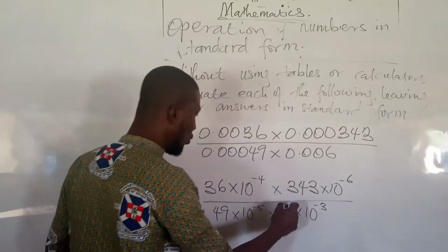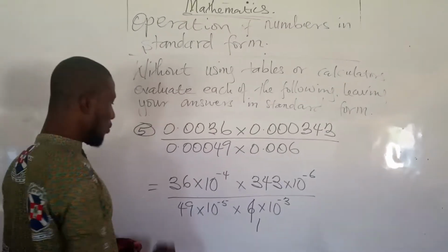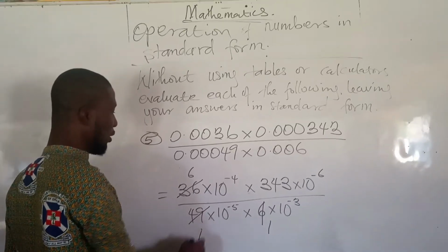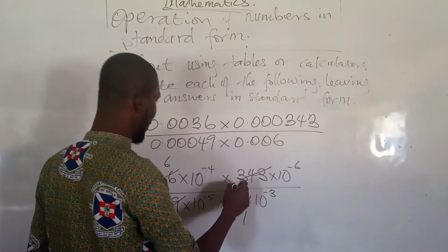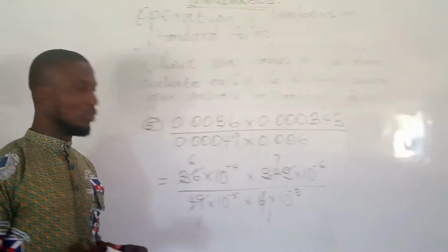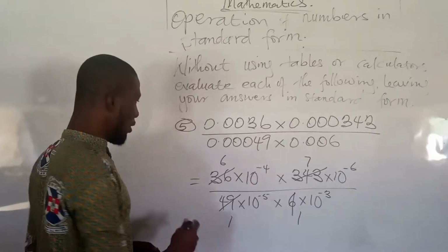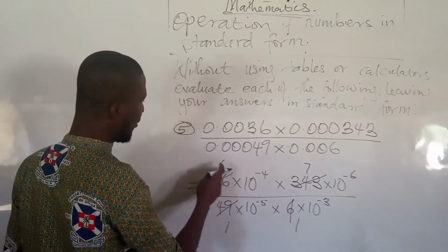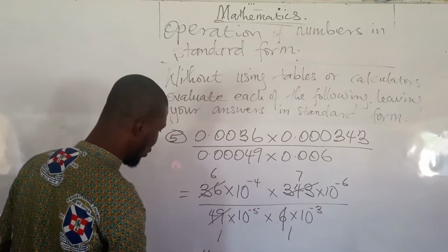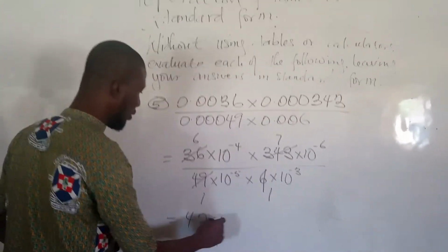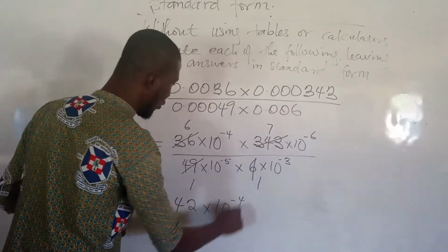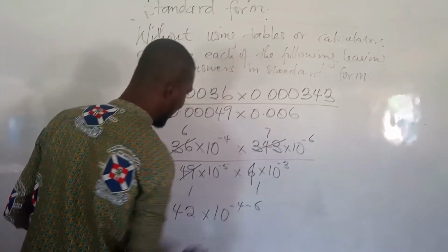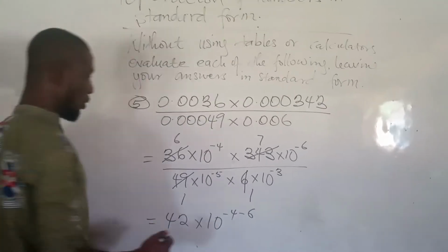So I know that 6 will go into itself 1 time, and go into 36 6 times. 49 goes into itself 1 time, and goes into 343 7 times. So we are now going to have our whole number part to be 6 times 7, which is 42, times 10 exponent negative 4, inferring from the way we solved example 4, then minus 6, because they have the same base and they are multiplying.